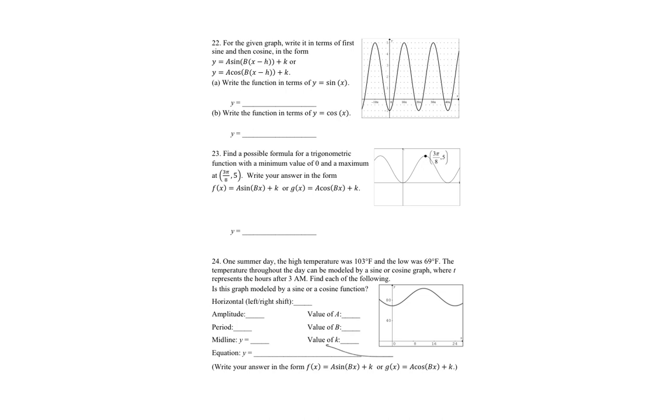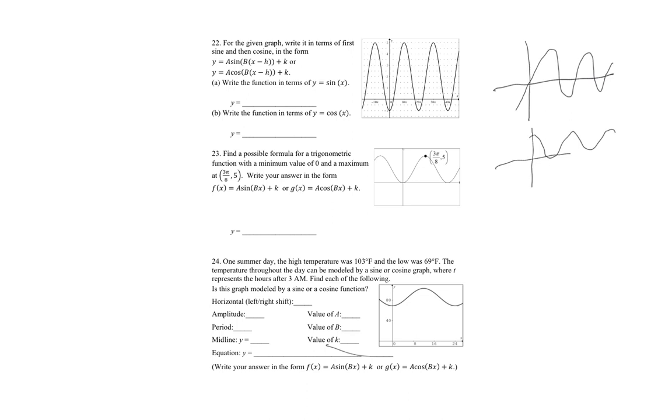Something I always like to know is normally sine starts at zero, like in the middle of it, right? So if this is my graph for sine, it starts something like that. Cosine, on the other hand, starts at the top.